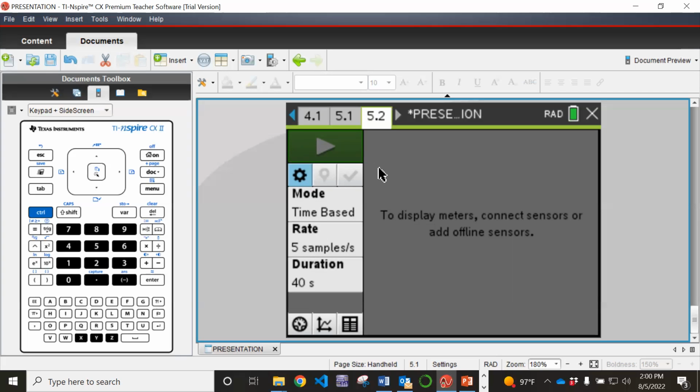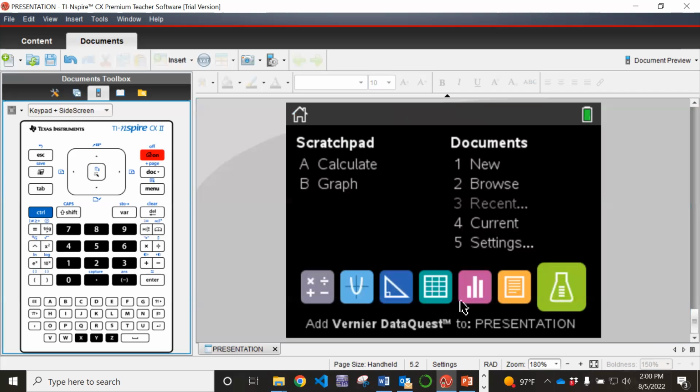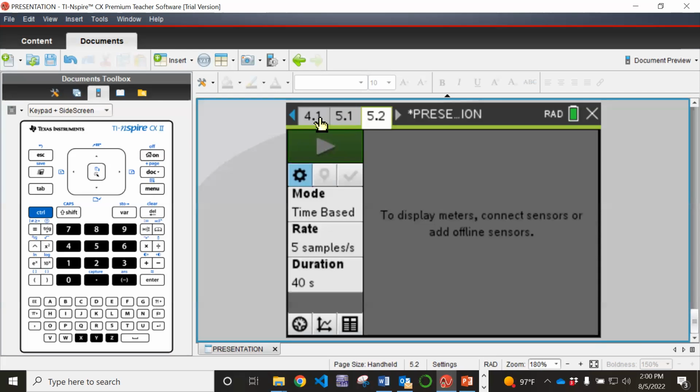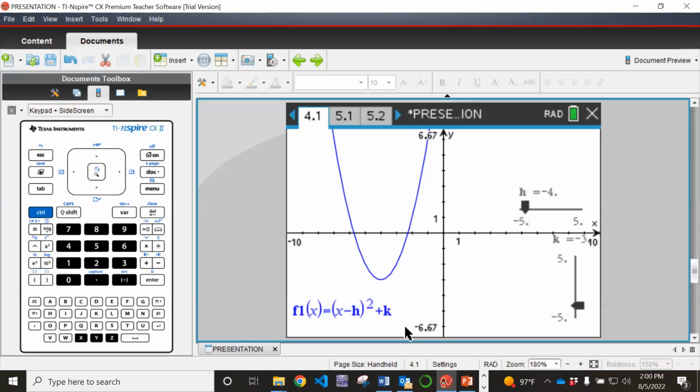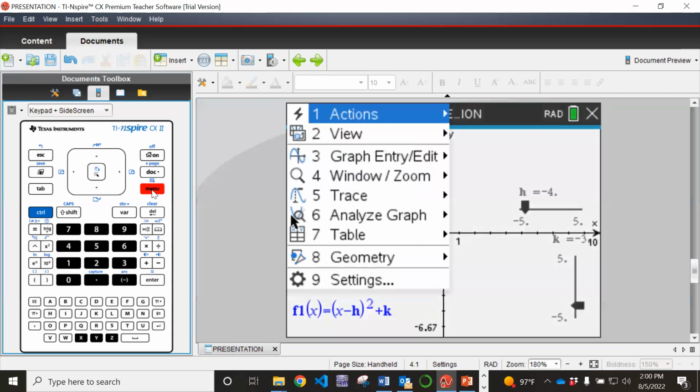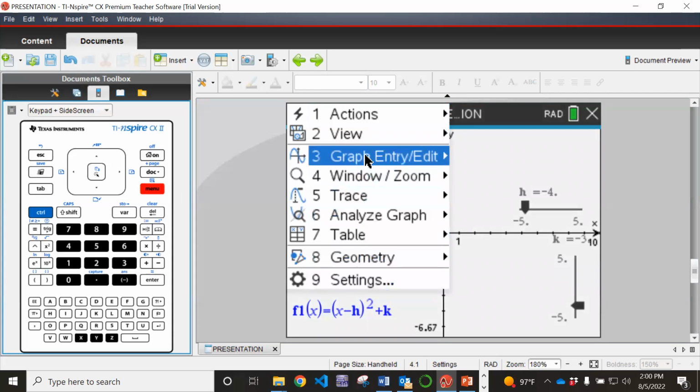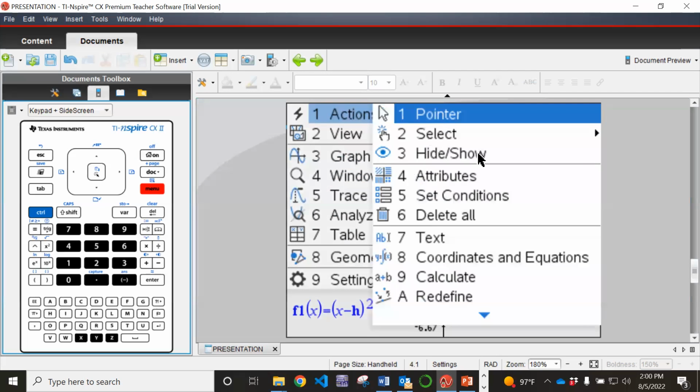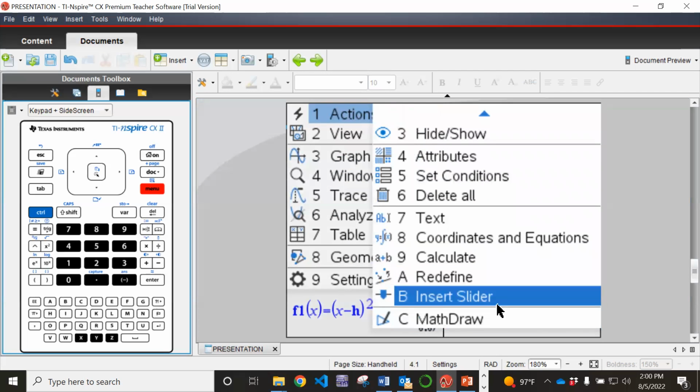That's just something else that these will do for us. And then another portion that we have here, I'm just going to throw this out because I think it's really cool. Back on one that I actually made up already, I inserted sliders. To insert a slider, you go into menu and then actions, and it's down below here, insert slider.